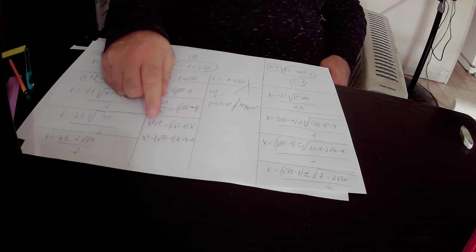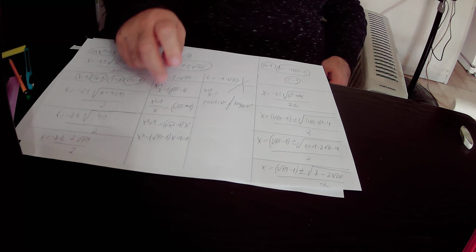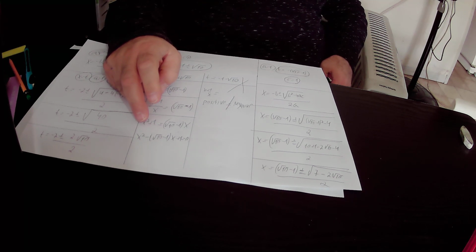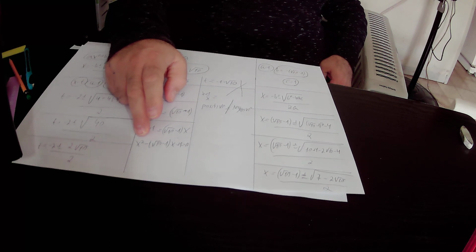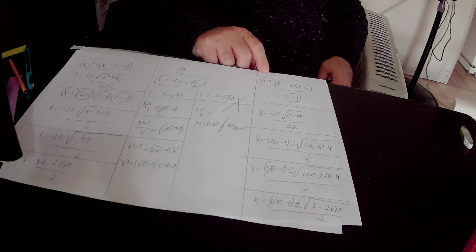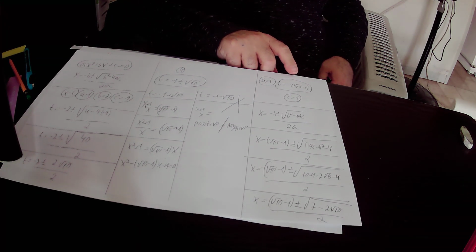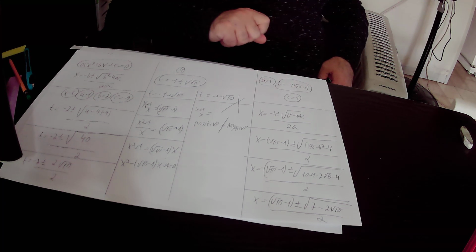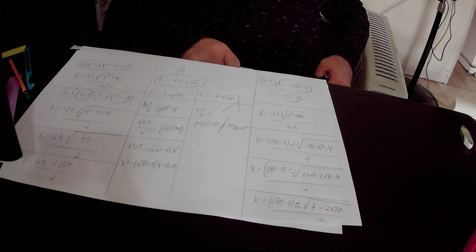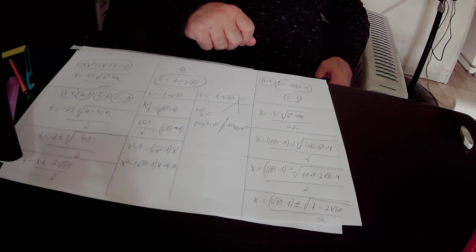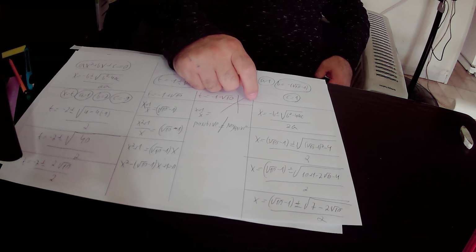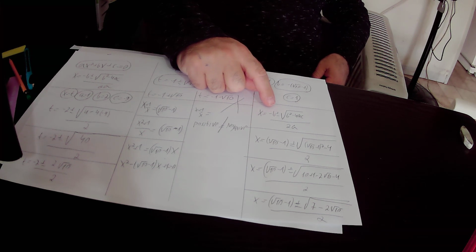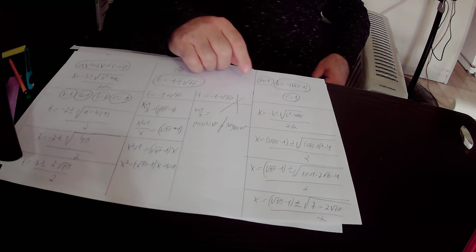Here, the coefficients of this quadratic equation are as follows: a equals 1, b equals minus (square root of 10 minus 1), and c equals 1, and the general formula for solving the quadratic equation is x equals minus b plus or minus the square root of b squared minus 4ac, over 2a.